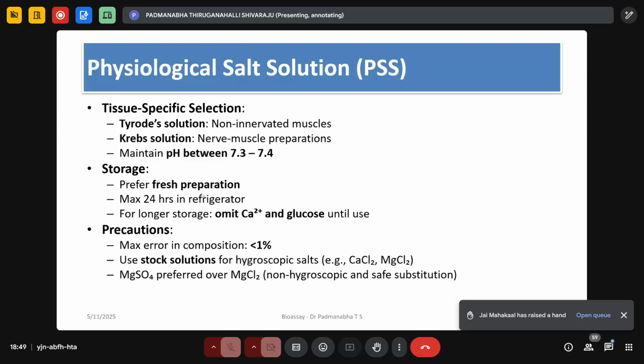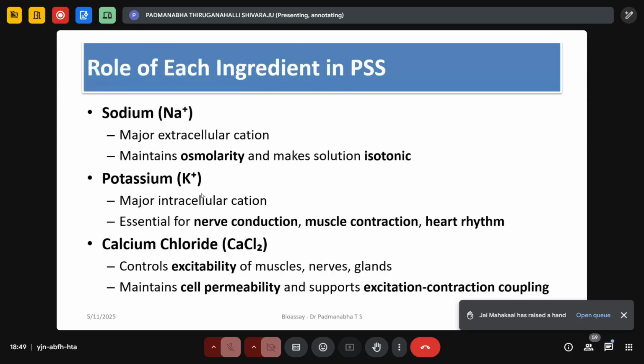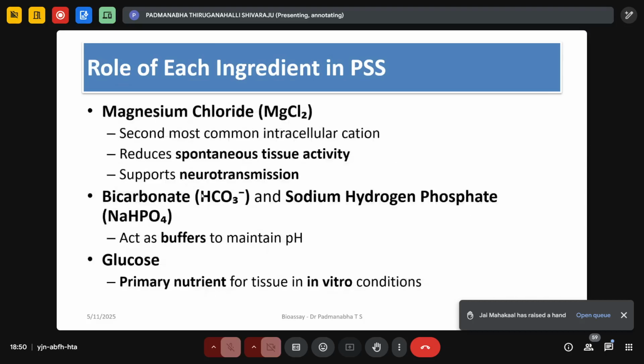So this is how the physiological salt solutions are made, and these are the components and their utility, where basically it maintains a similar homeostatic environment to that of the living tissue before extracting it.